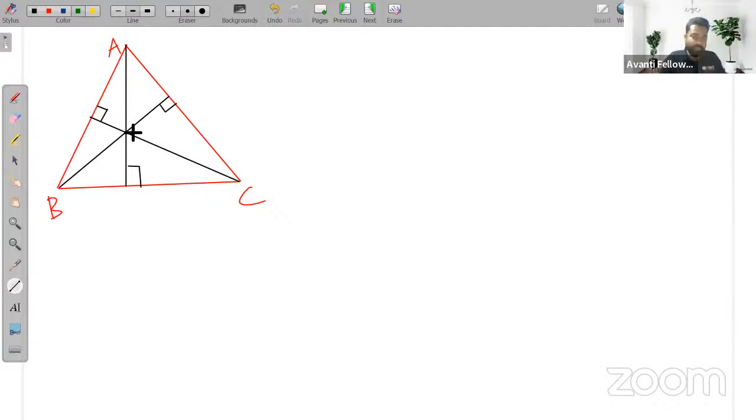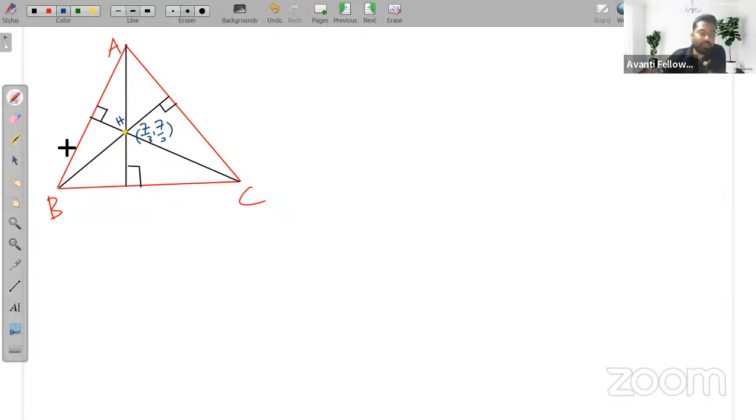This point is given as 7 by 3, 7 by 3, the orthocenter. Suppose this point is H.